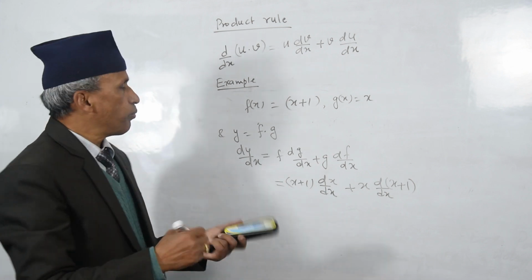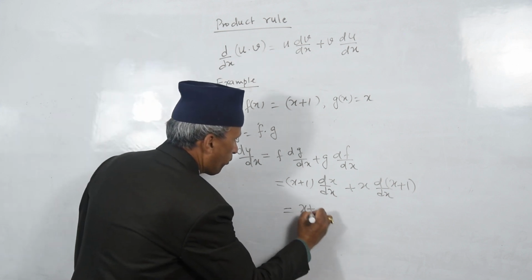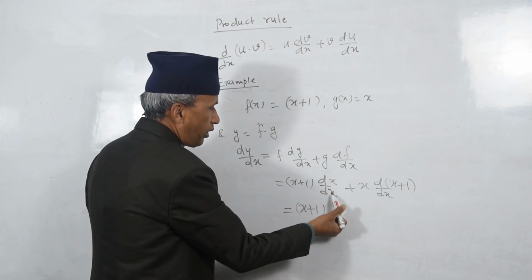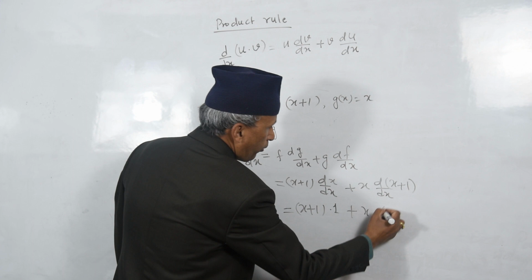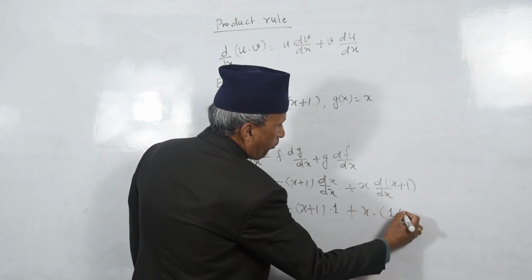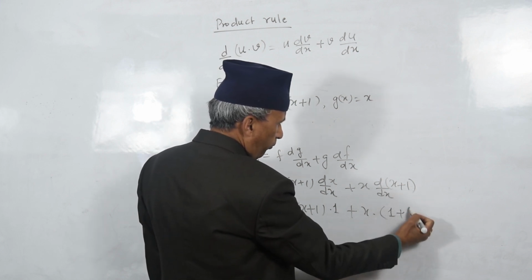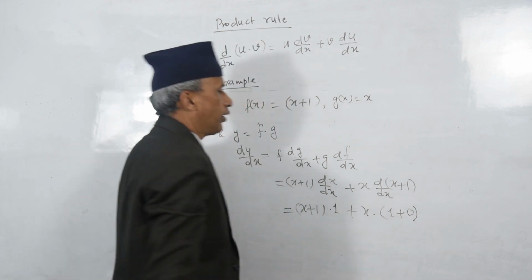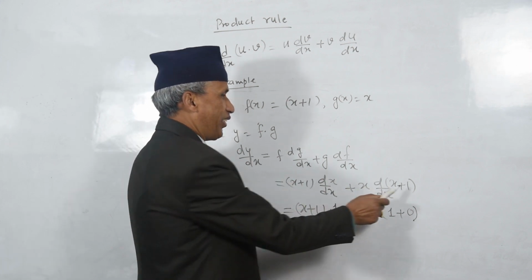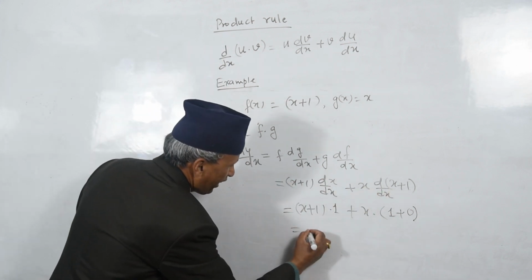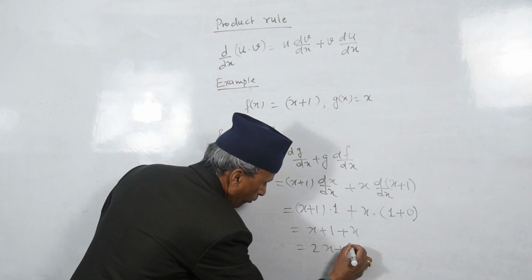I have taken a very simple example to make it clear. The derivative of x with respect to x is 1. The derivative of x plus 1 is 1 plus 0, since the derivative of a constant c is 0. So it is x plus 1 plus x, which is equal to 2x plus 1.